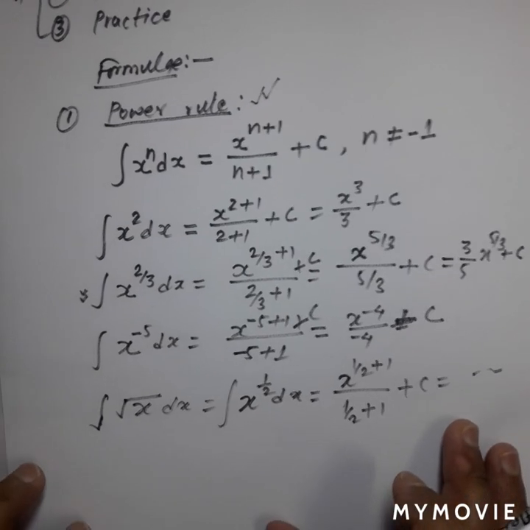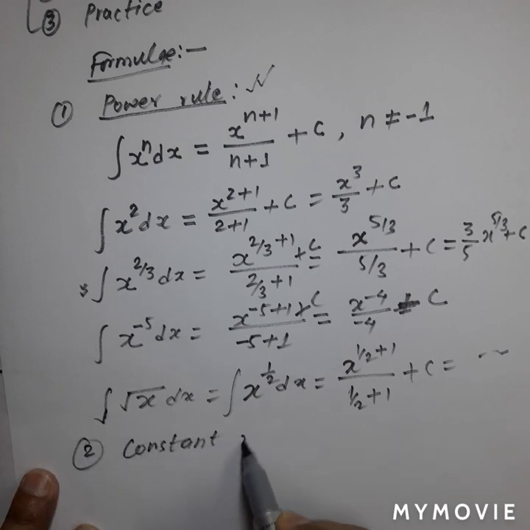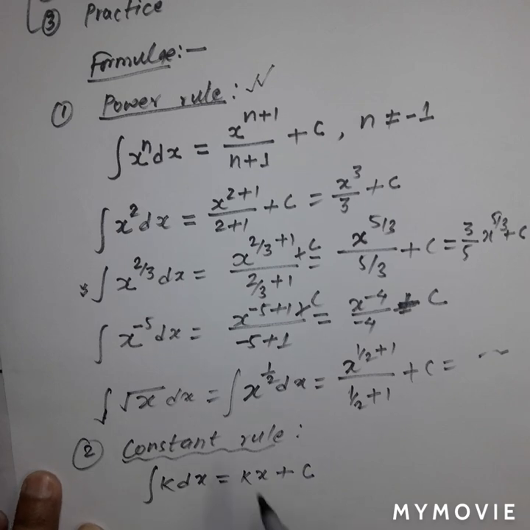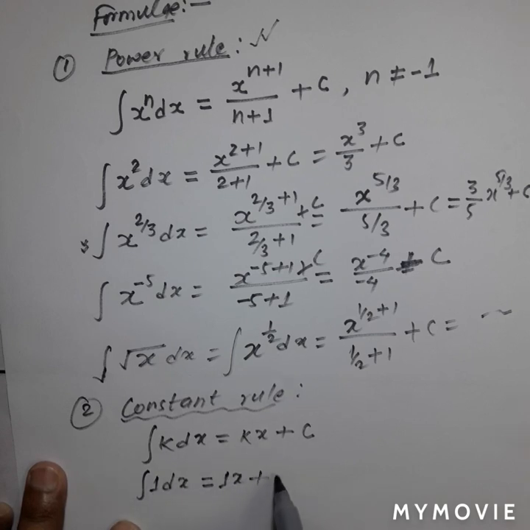Now the second rule is the constant rule. In this rule, the antiderivative of any constant k with respect to x is kx plus c. This is called the constant rule. For example, the antiderivative of 1 dx is 1x plus c, that is x plus c.